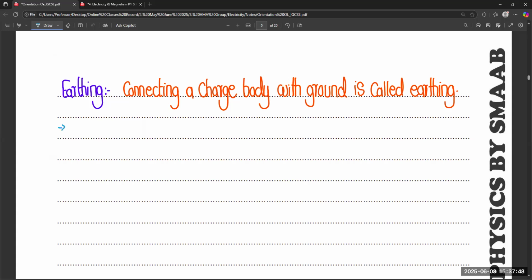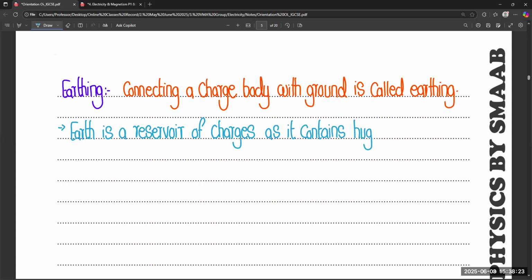That's why it is called earthing, because the earth is a reservoir of charges, as it contains a huge amount of protons and electrons.